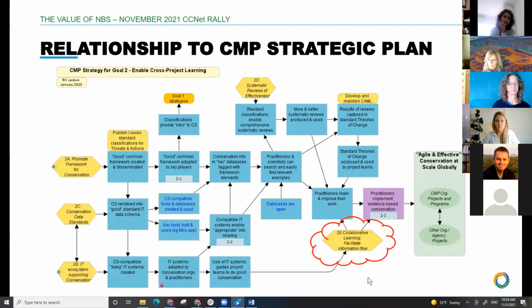And so given CMP was formed with the idea that we'd learn from one another and improve our work, drawing on each other's experiences, this NBS review, if you like, is about diving into that particular topic and seeing what we can learn from it from CMP members, as well as the broader conservation community and so on, and then putting that into a nice, easy to look at piece of information to help others be more informed and be able to make some decisions about nature-based solutions. Thanks.